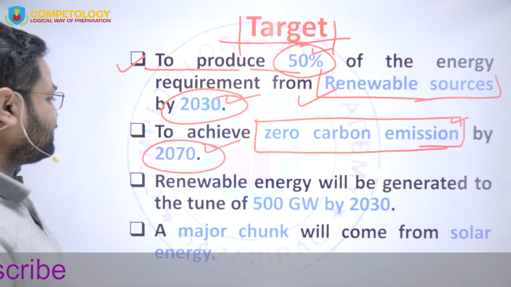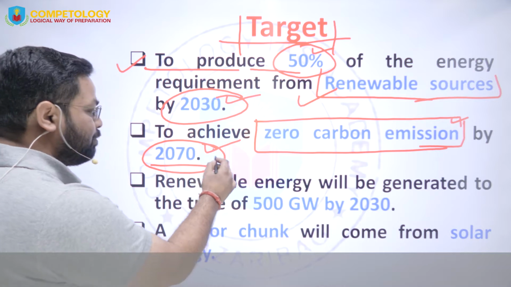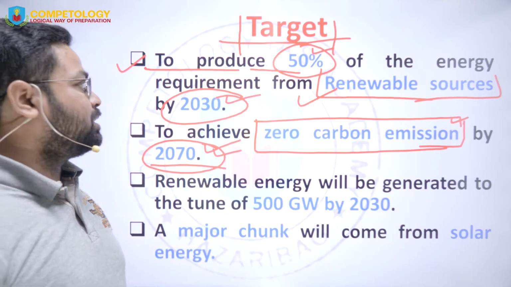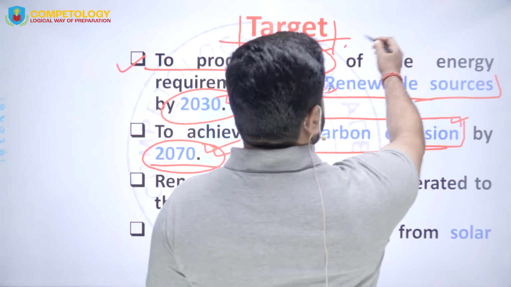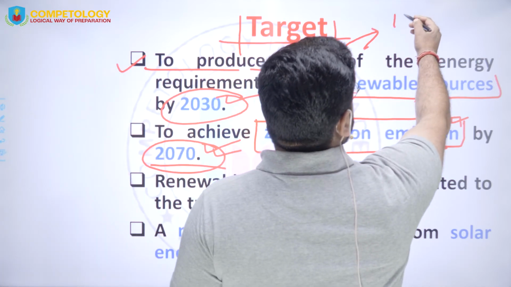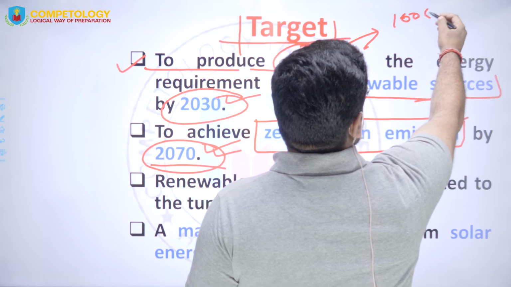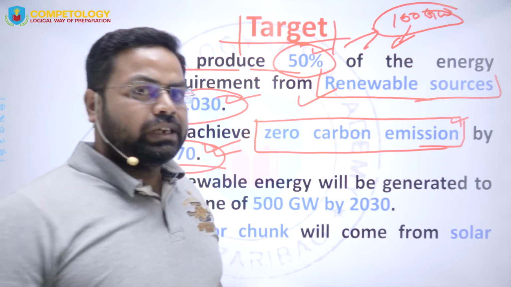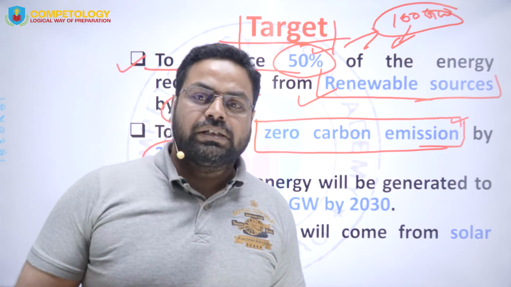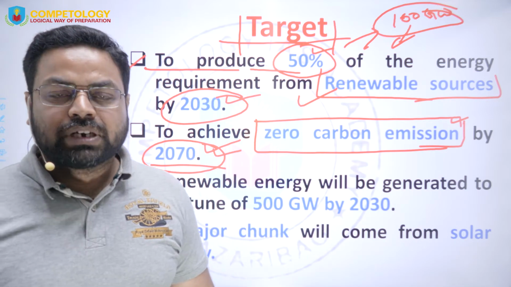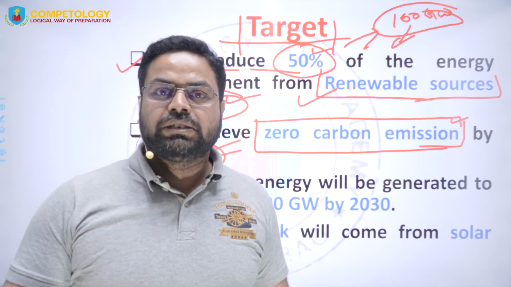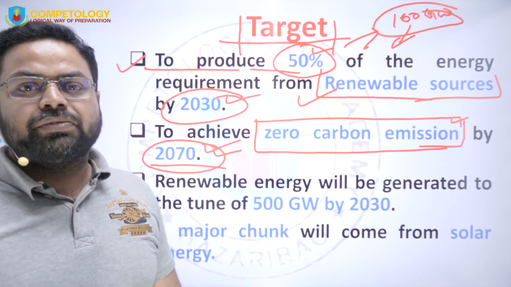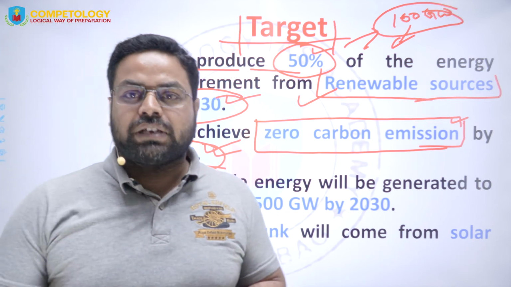It is a very ambitious target even to hear about, by the year 2070. It is very ambitious because the current installed capacity is not more than 100 gigawatts. It is still less than this, because by 2022 the target was that India would produce 100 gigawatts from renewable sources, but India missed the target.